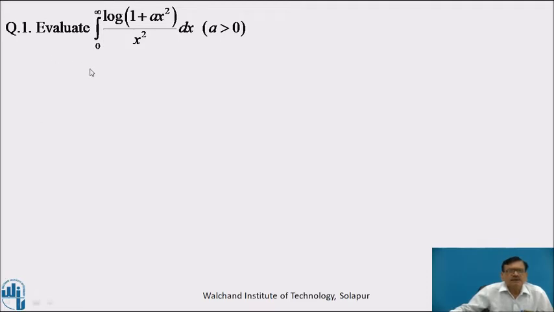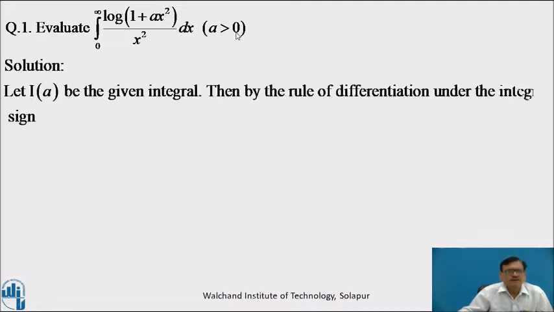Evaluate the integration from 0 to infinity of log of (1 plus a x square) divided by x square dx, when a is greater than 0. Now let I(a) be the given integral, because here a is a parameter other than the variable x. Here the integrand involves a.